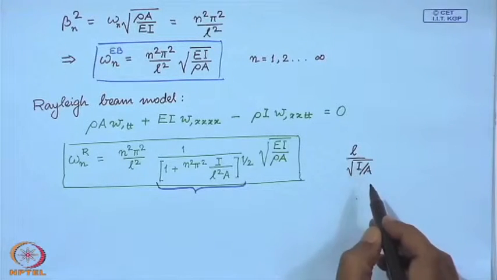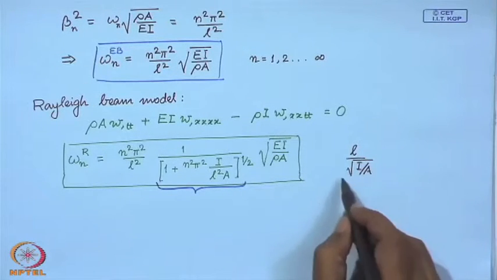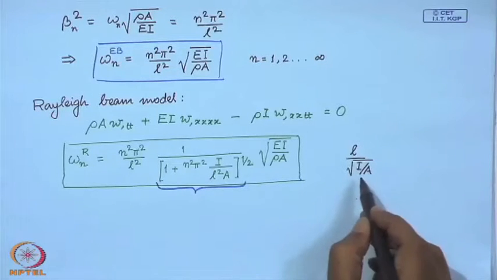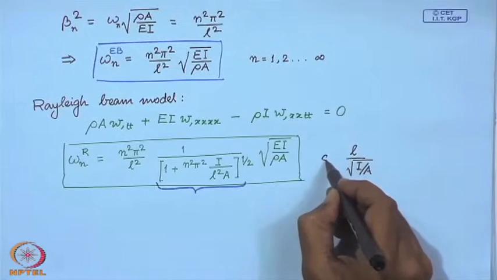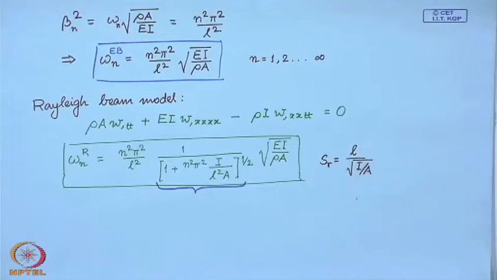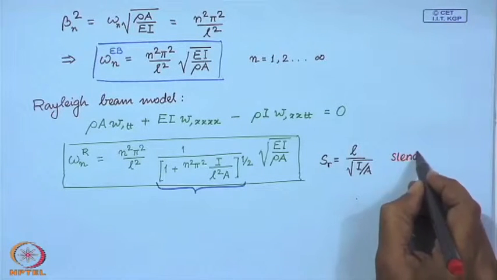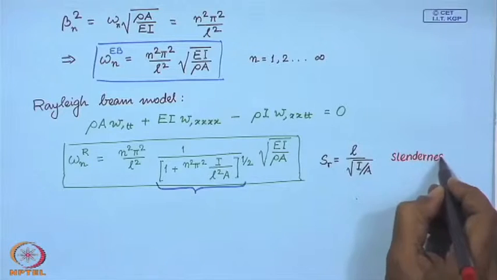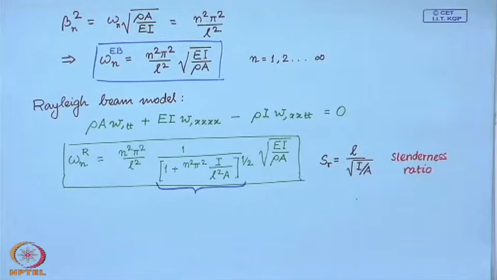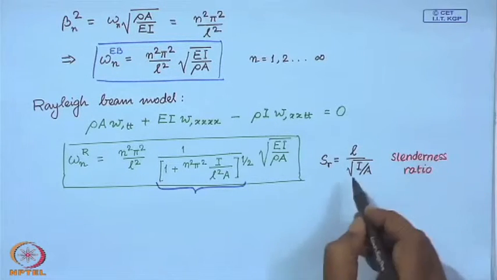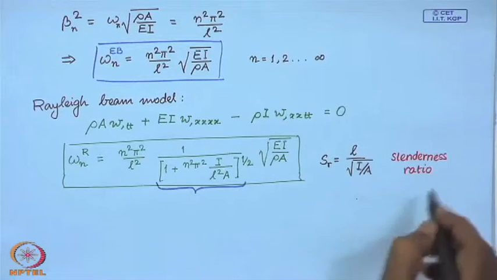Now, this I over A is the radius of gyration square. So, under root of that is the radius of gyration. Now, length over the radius of gyration can be defined as the slenderness ratio. So, this length over the radius of gyration is the definition of slenderness ratio.